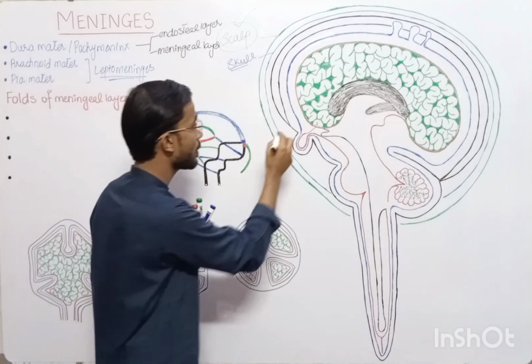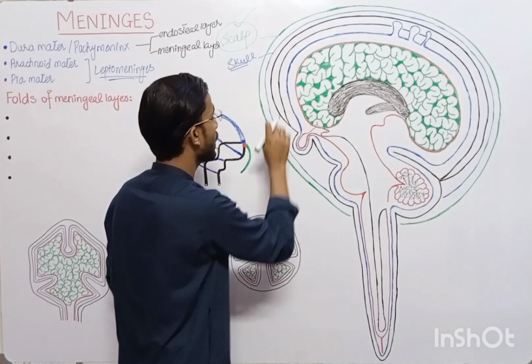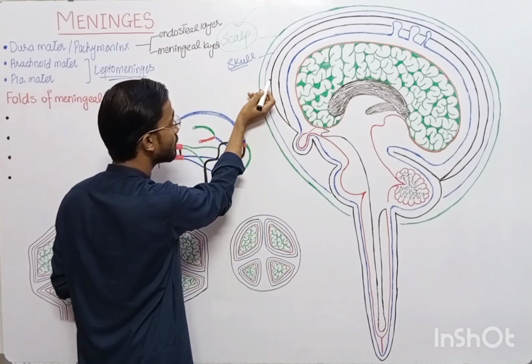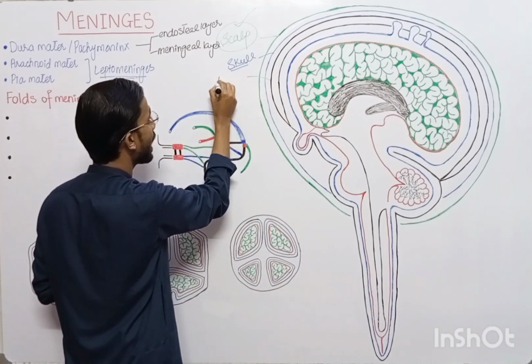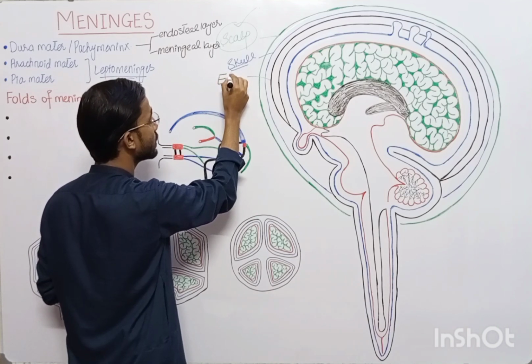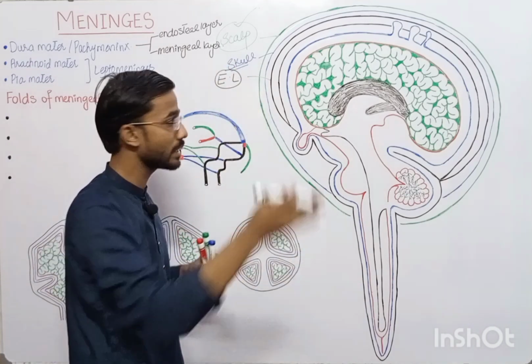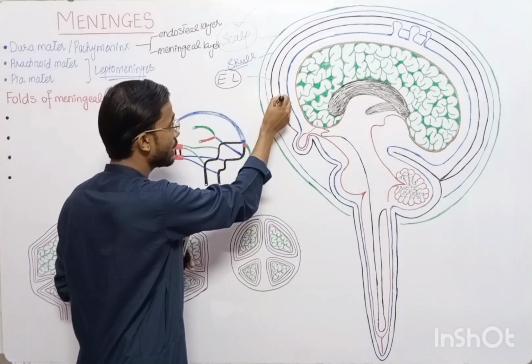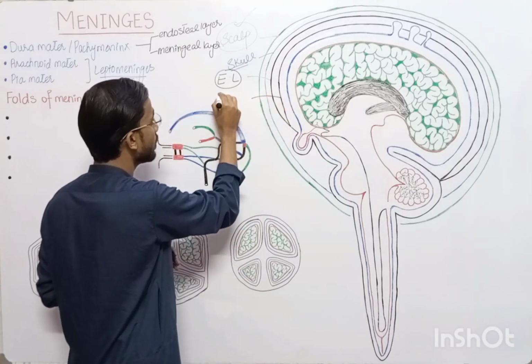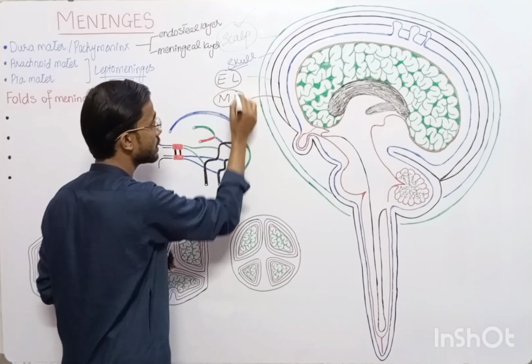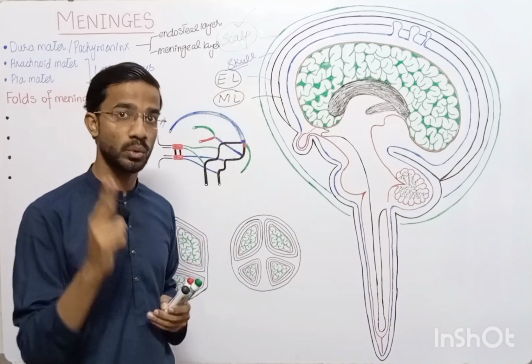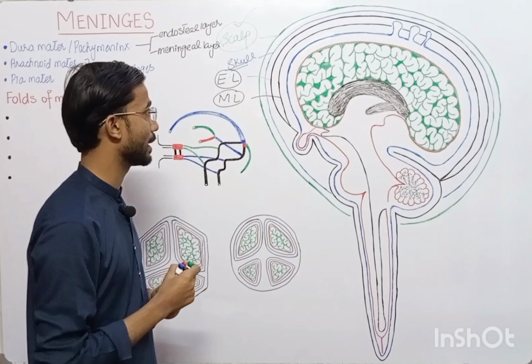Here you can see the black area. This membrane is basically the endosteal layer. This is endosteal which is present outside, and innermost is the meningeal layer. These are basically the two membranes of the dura mater.